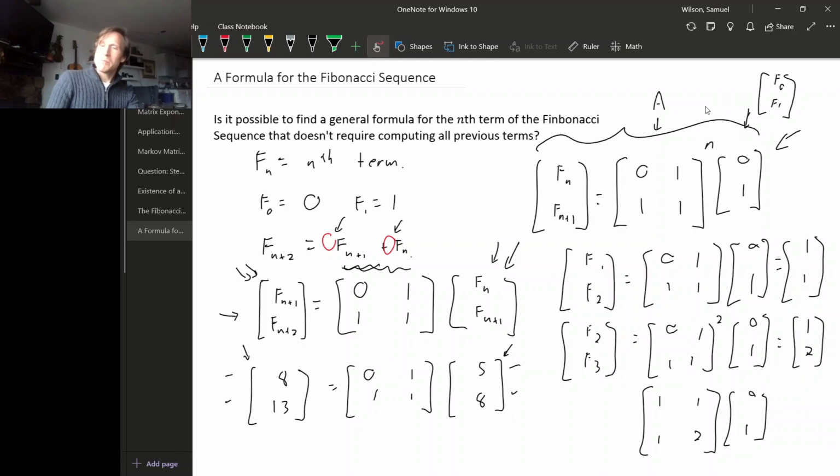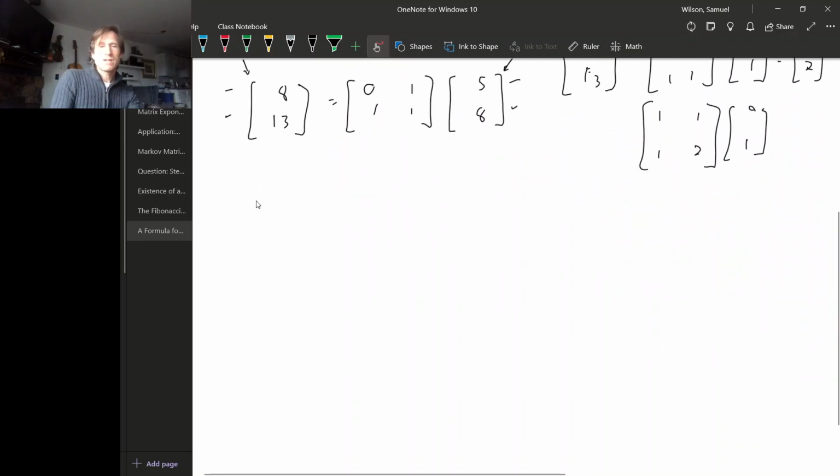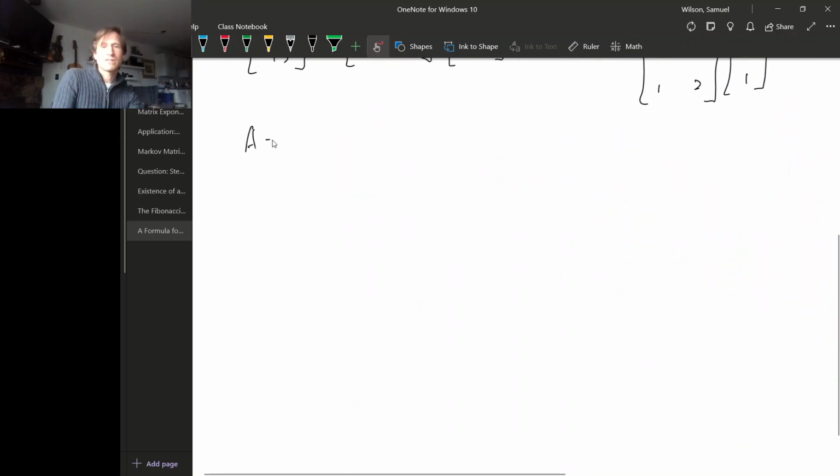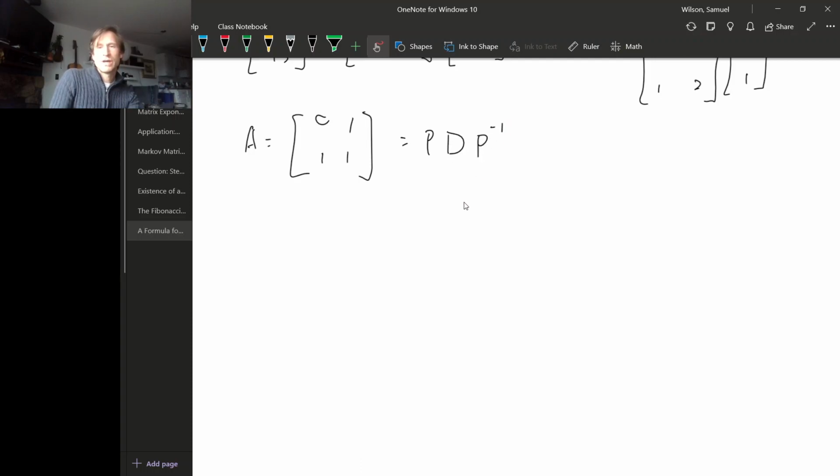But remember, one thing that diagonalizing a matrix does is it makes computing powers of the matrix very easy. So if we can diagonalize this matrix A, 0, 1, 1, 1, so write it as P times some diagonal D times P inverse, then raising it to the nth power will just be P times D to the n times P inverse.